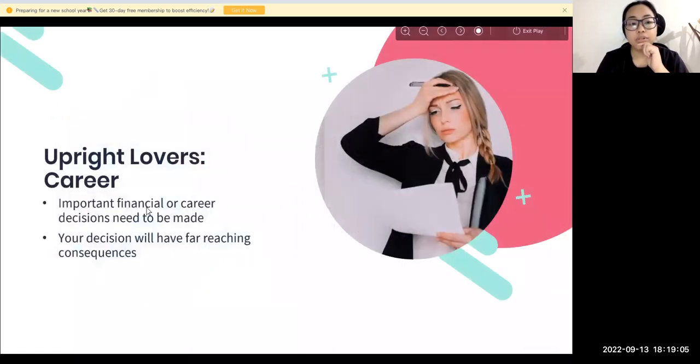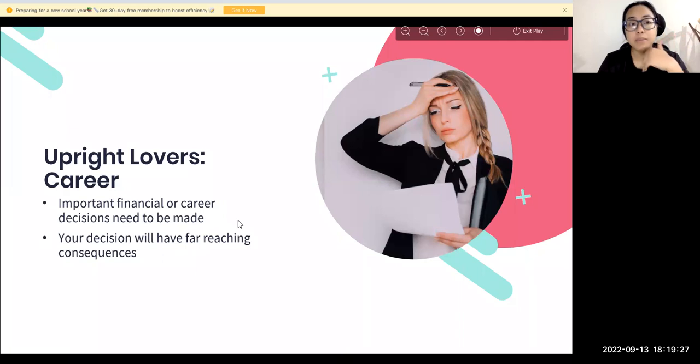It is also important financially that you need to be very careful in terms of finances, and do not take hasty decisions in the finances. Every decision you take is definitely going to have consequences, and hence important financial decisions need to be made.